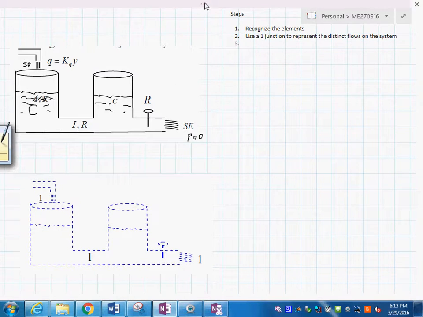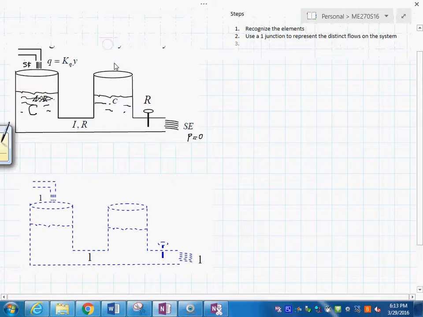And this is the one junction. I'll do a retouch so that one here, we have a one over here too, and those are the distinct flows on the system.